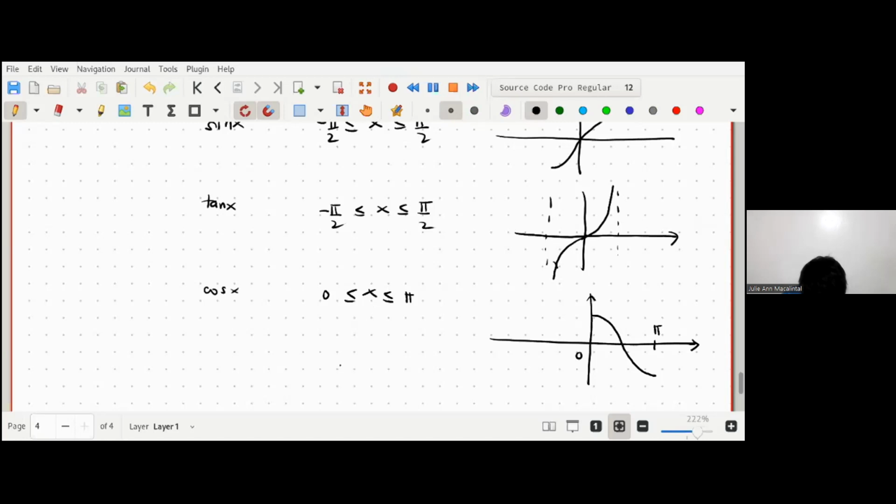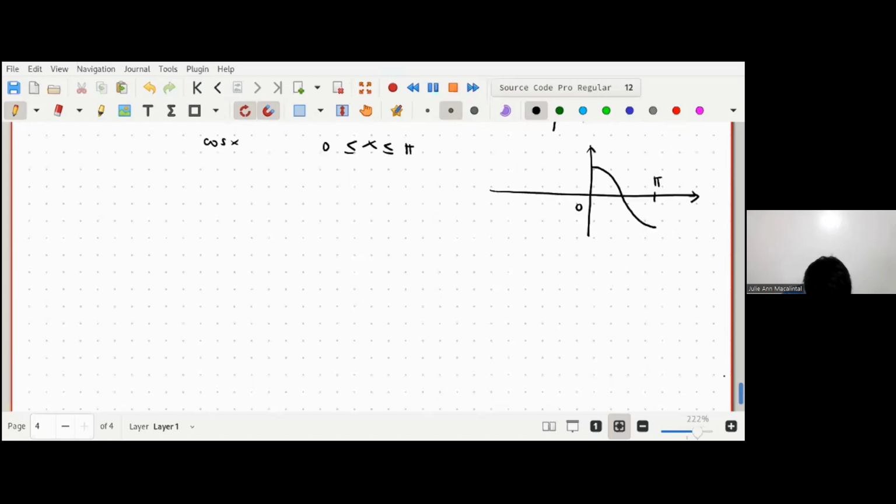Okay, so let's look at the next thing. So yung example 2. Yung f of x is equal to 2x plus 3 over x minus 1. So, ang kailangan natin i-check ay, is this monotone?